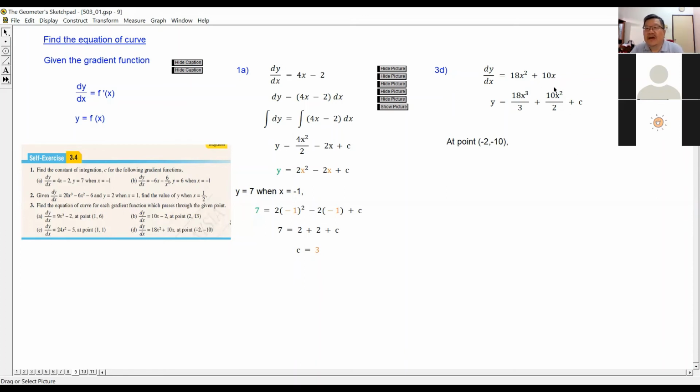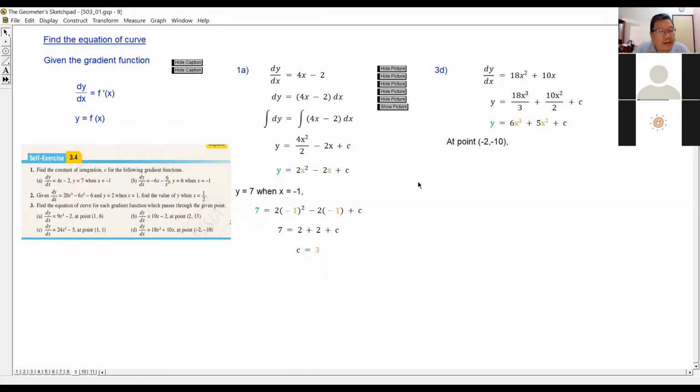Of course, it's an indefinite integral, so you have to plus c. Next, you can simplify. y is still y. The 3 and the 18 can cancel, becomes 6x cubed. The 2 and 10 can cancel, becomes 5x squared, and plus c. So this is the simplification.